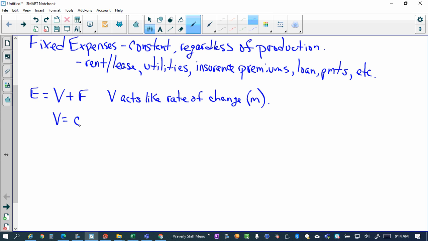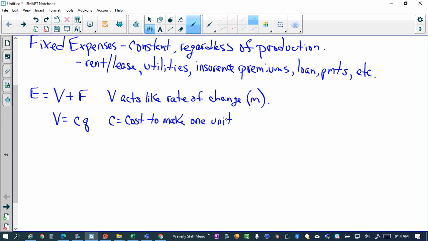The number of them that they make. So you use Q. I'll go ahead and define these variables. So we'll just say C equals cost to make one unit, calculator or widget.